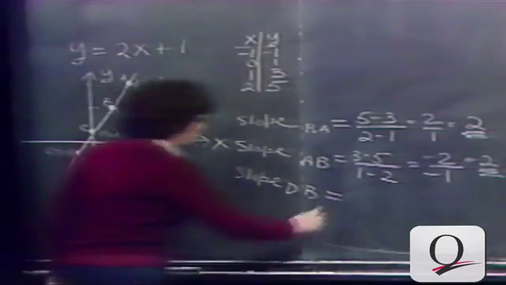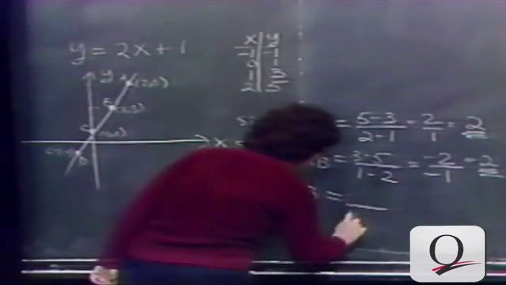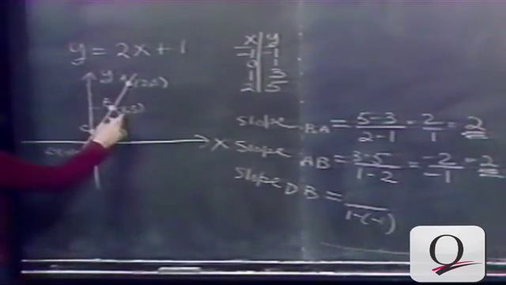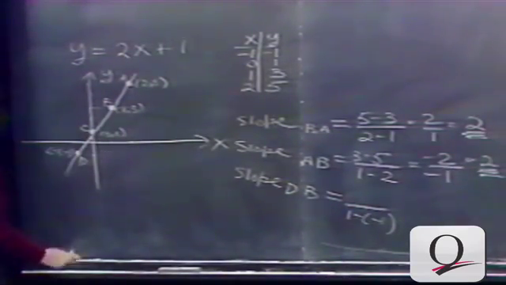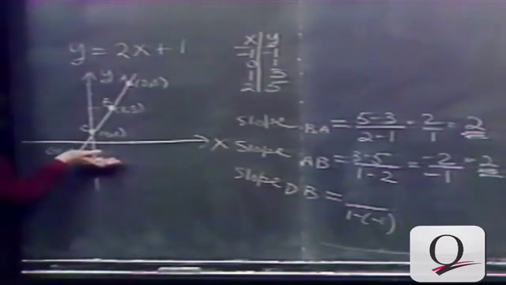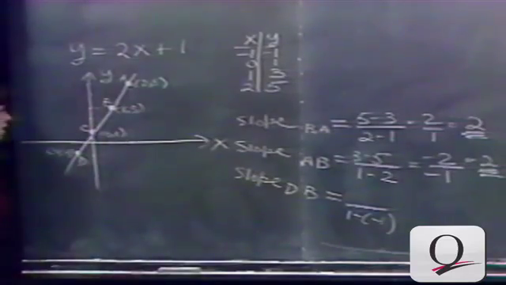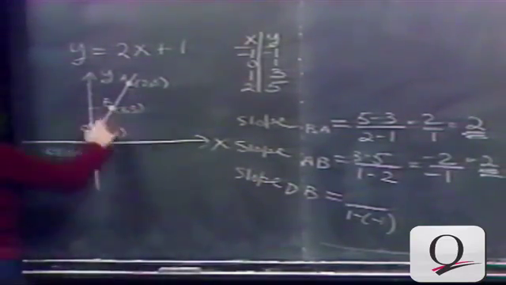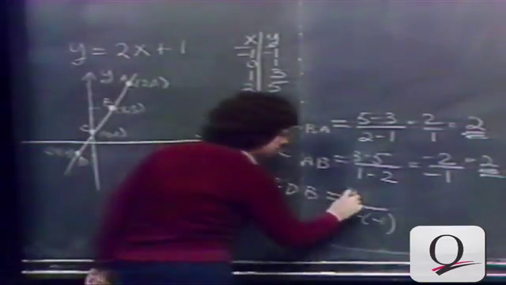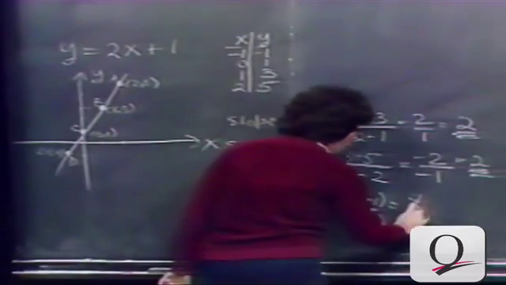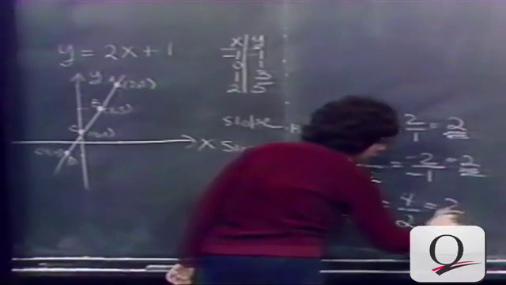That is 1 minus a minus 1, where we end up minus where we started. Here the y-coordinate at D is minus 1, and the y-coordinate at B is 3. So we have a vertical change of plus 4, in other words, 3 minus a minus 1. That's 4 over 2. Once again, we get 2.